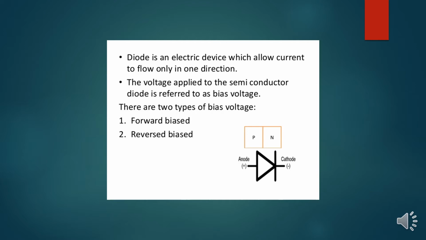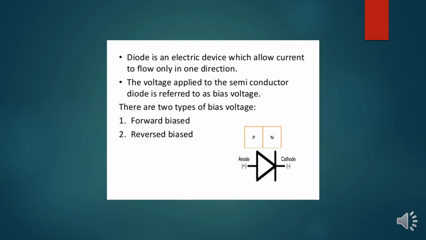This creates a junction between the P and N. P has the majority charge carriers, that is holes, and N has majority charge carriers, that is electrons. In the open bias condition, meaning no external voltage is applied to this PN junction, that is called the open condition of PN junction, open bias condition.